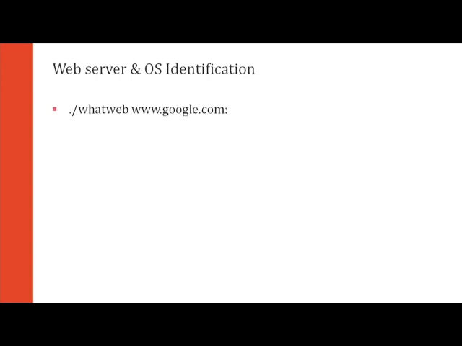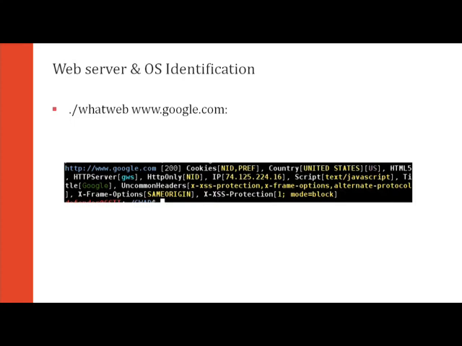Another technique, WhatWeb. WhatWeb comes pre-installed in Kali. It's pretty cool also. And when you run it, you will get this kind of results, which basically says, okay, this is the country where this specific web server is located. These are the specific security features like HttpOnly.